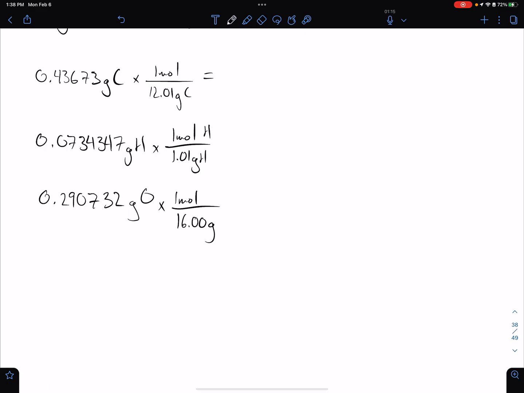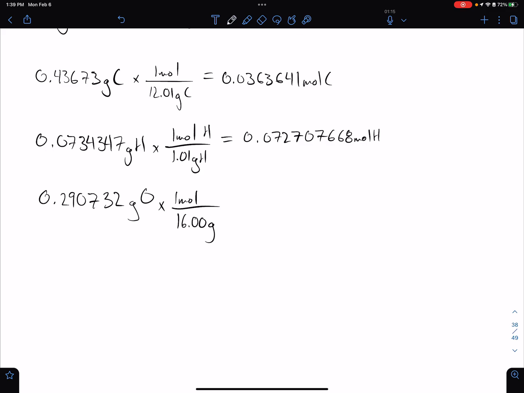So this is 0.0363641. That's moles of carbon. And then the mass of the hydrogen divided by 1.01 is 0.0727076. Well, I guess I'm here, so I might as well write them all down.